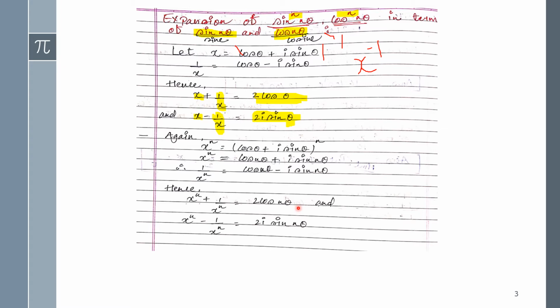If the question is given in terms of cos, then you have to find both these numbers as I am highlighting: x plus 1 upon x and x raised to n plus 1 upon x raised to n, and this is for the cos.